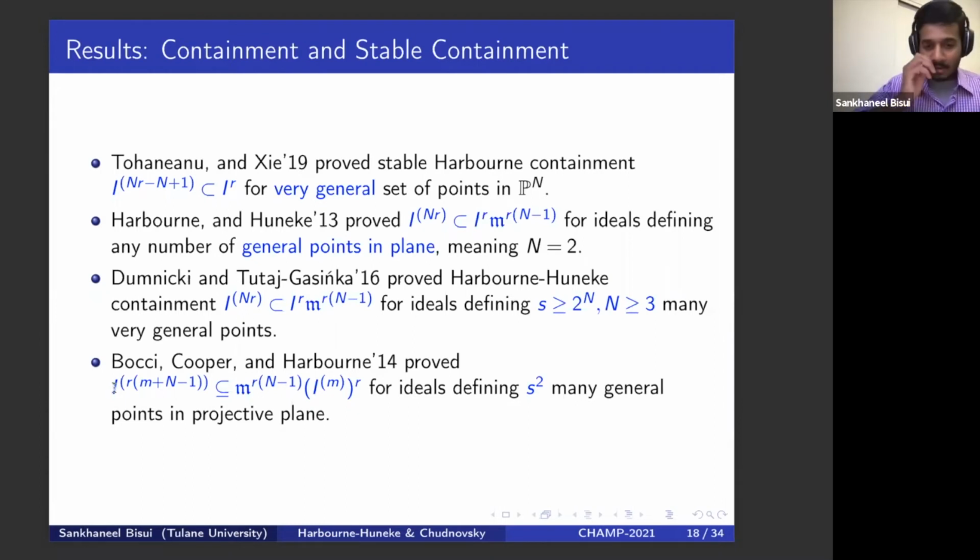And the last Harbourne-Huneke containment that I stated was partially proved by Bocci, Cooper, and Harbourne, for cases where the points were a square number of general points coming from the projective plane.